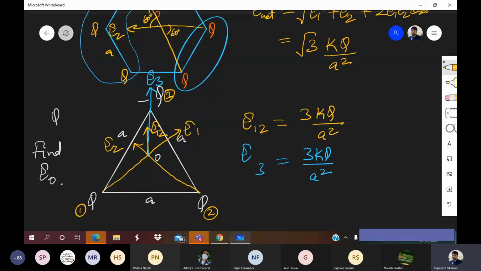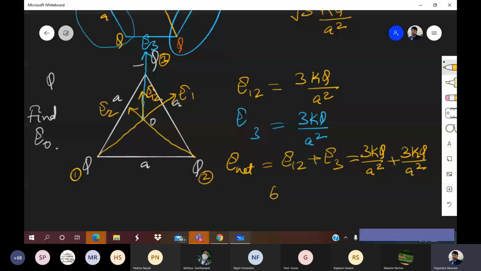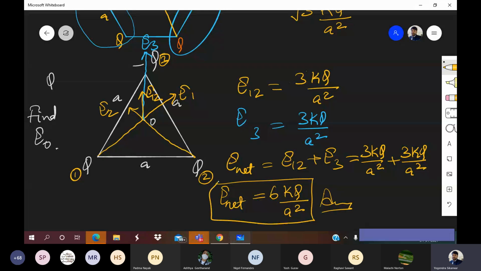So E net is equal to E12 plus E3. I said okay. So that becomes 3KQ by A square plus 3KQ by A square. Total comes out to be 6KQ by A square. That is the answer.